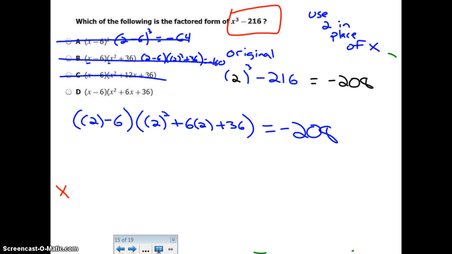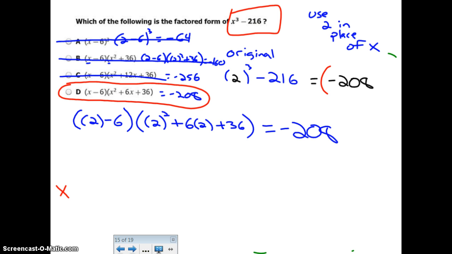When you use 2 in place of x, for answer choice D, you should have gotten negative 208, right? So answer choice C would have given you something else. Let's see what that was. Had you used 2 in place of x in answer choice C, you would have gotten negative 256.